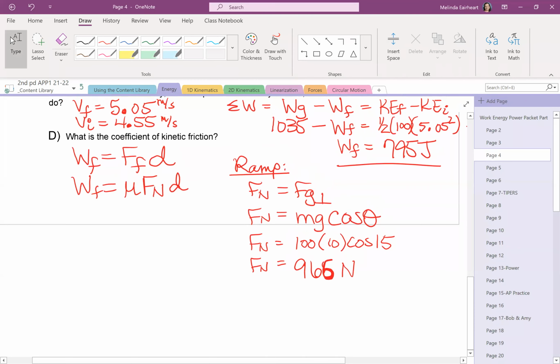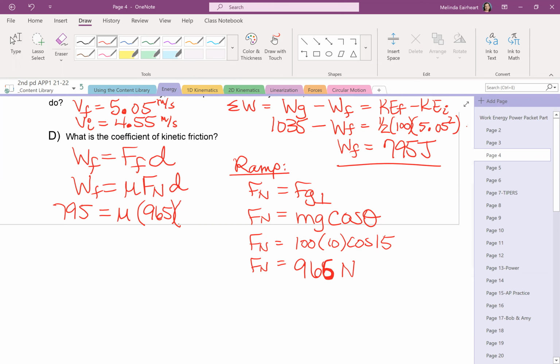So the work done by friction is that 795 equals mu times the force, 965. Don't forget the distance traveled. Distance is important to the work. And we had what distance during the friction time? 4.